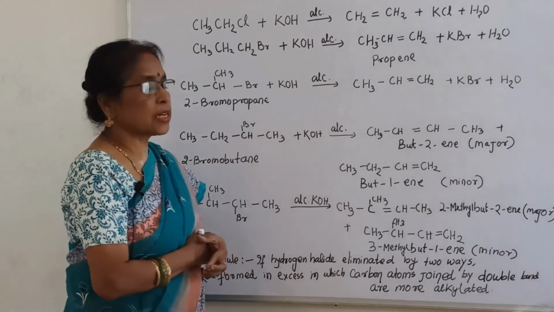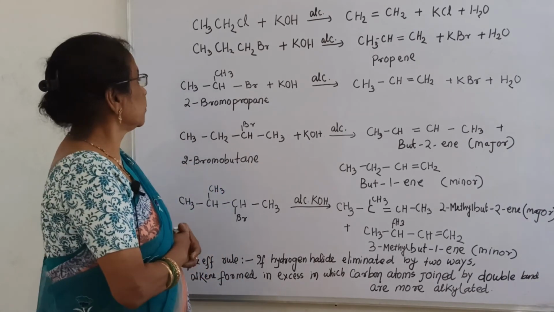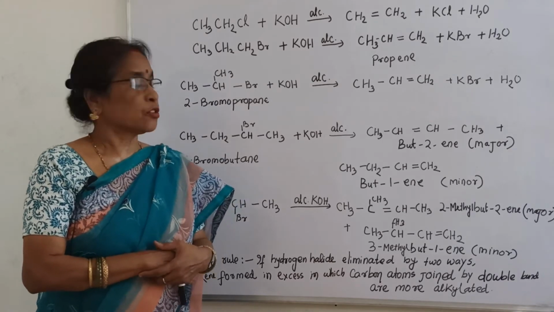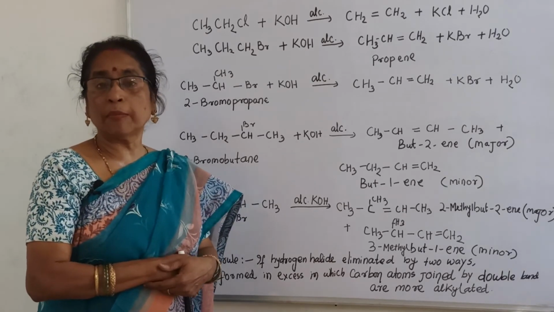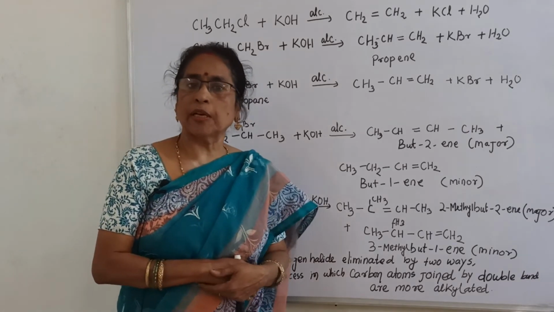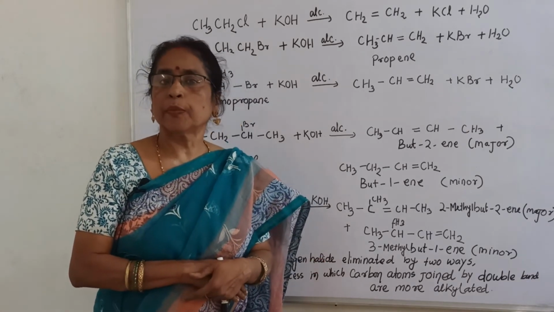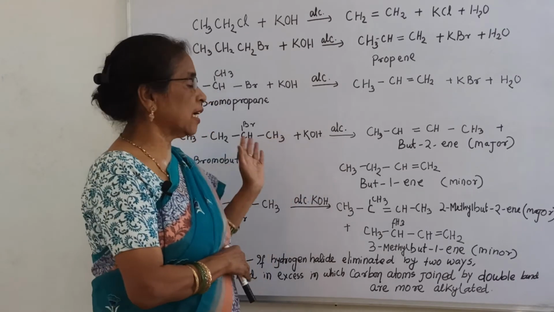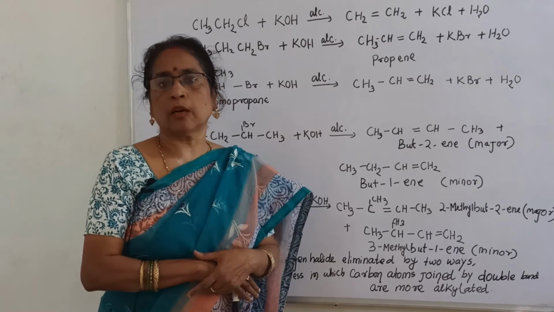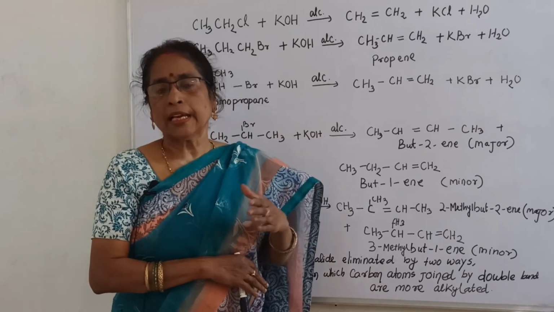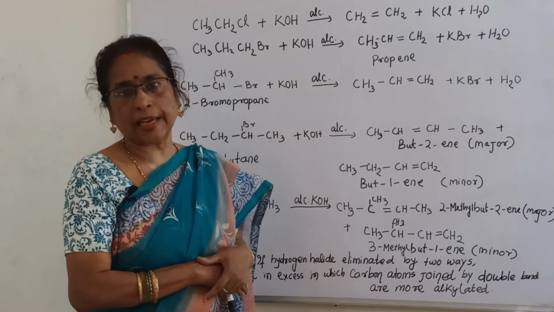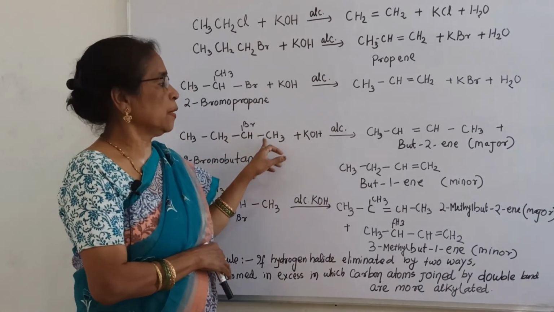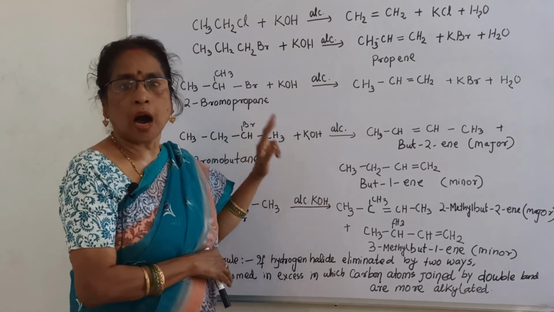I hope you understand the reaction of haloalkane with alcoholic KOH. Remember, if you treat with aqueous KOH, the product is totally different: it will produce alcohol. But here, since we are seeing the reactions involved in the preparation of alkene, this is the preparation of alkene from haloalkane.